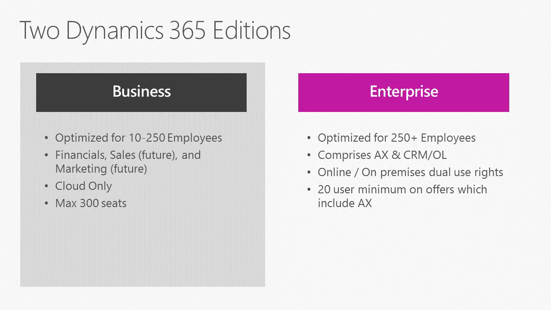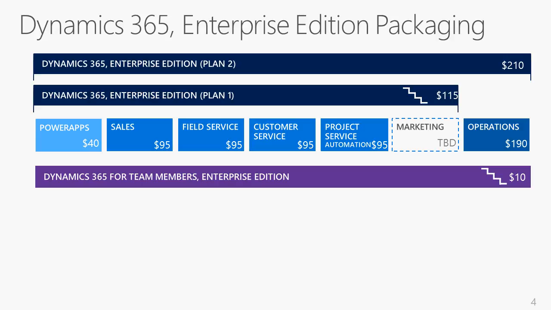And so if you do decide to go with a plan that includes the components of AX, you will need to pay attention to the fact that you have to have a minimum user size of 20 if you're going to take advantage of that AX technology. Again, we don't see that as much at Tech Data or within the SMB space, but something to consider when you're evaluating this for your end customers. So to kind of give you a sense of what the enterprise offers you today, I wanted to show you this chart right here, and I'll kind of spell out a couple things in just a minute.